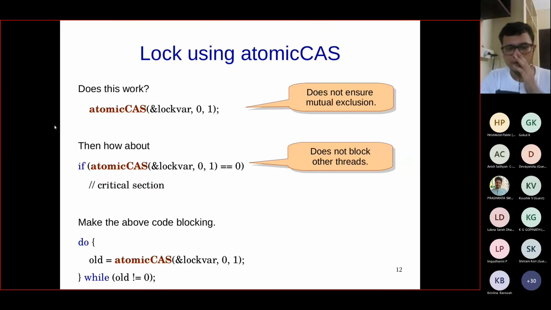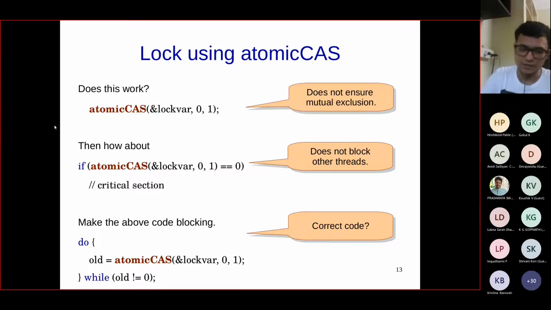So this will probably work. I won't say that 100% it will work, but we'll come to it. But yes, this code can work. Let us analyze why it should work, and see what the execution pattern will be.